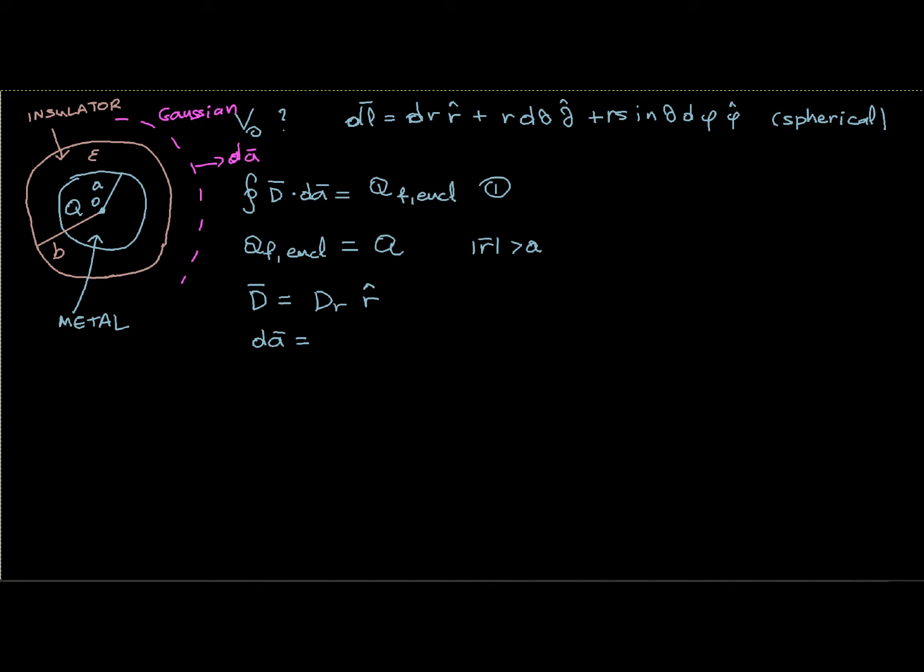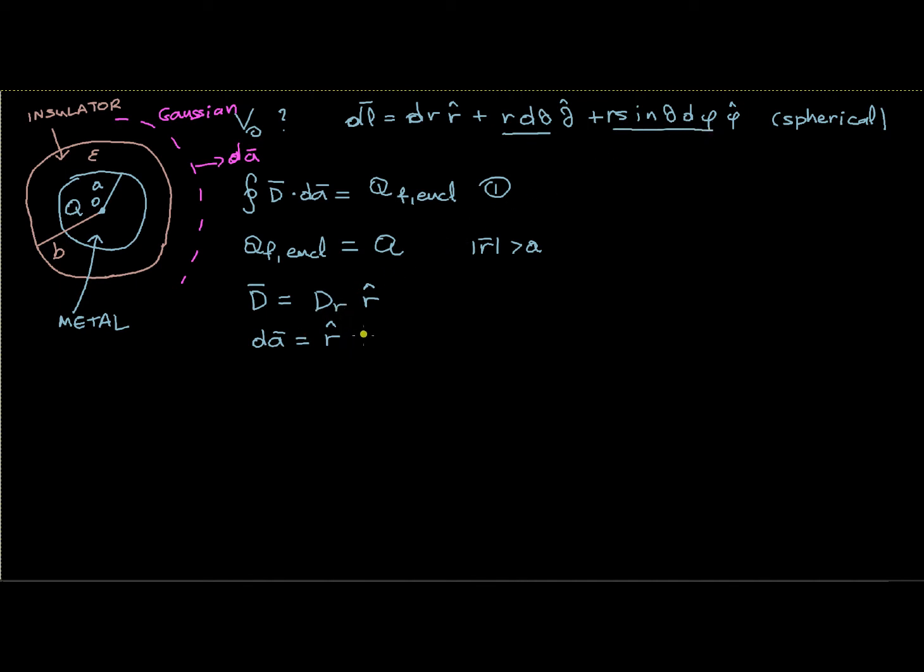It will be pointing in the r hat direction, but the magnitude can be found by multiplying this side of the area in the theta hat direction with the phi hat direction side of the area.